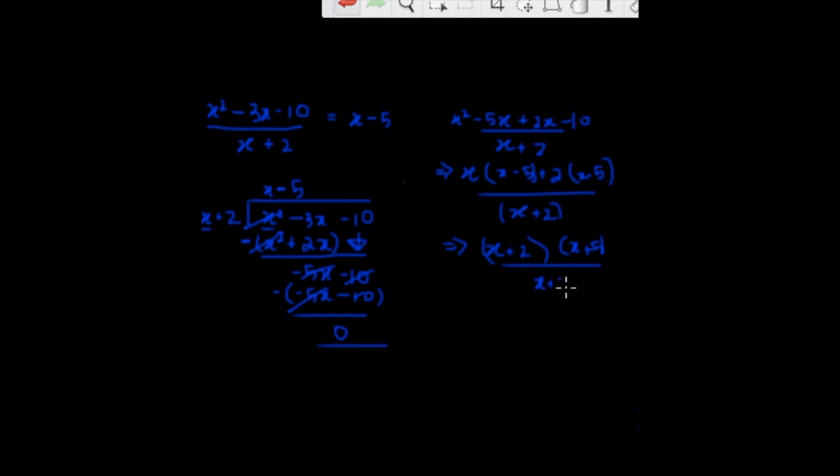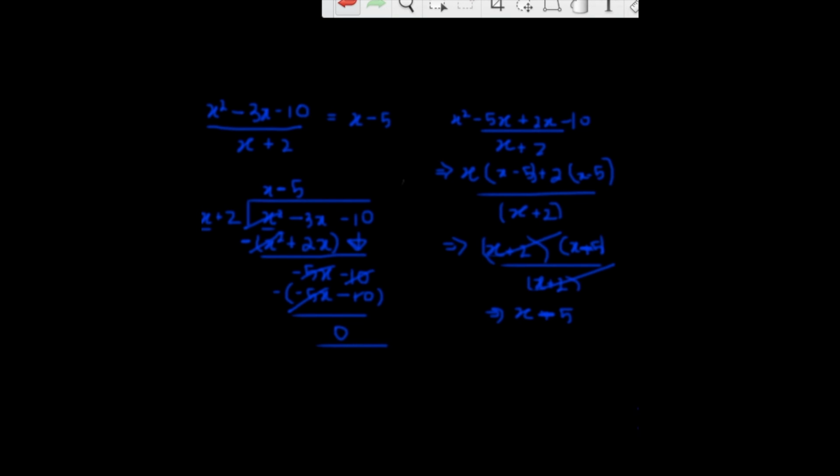And now if you can see, you can just cancel out these two terms, leaving you with x minus 5, which is the same answer that you get by doing the long division.